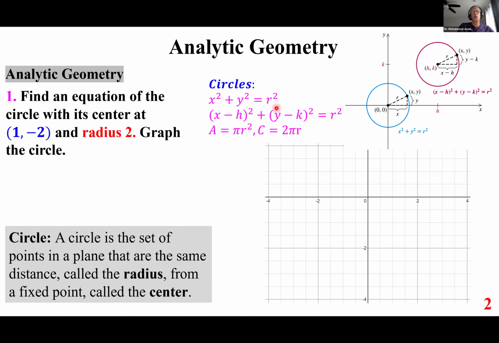So x squared plus y squared equals r squared; (x minus h) squared plus (y minus k) quantity squared is r squared. We know the area is pi r squared, and we know the circumference is 2 pi r. So what is given? The radius is 2, centered at (1, -2). So we're going to put it into this equation.